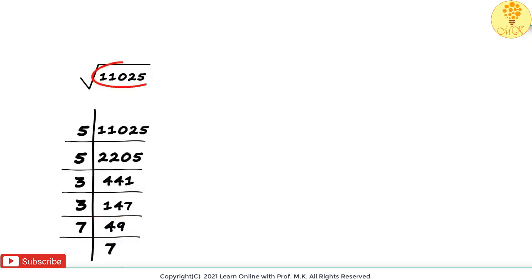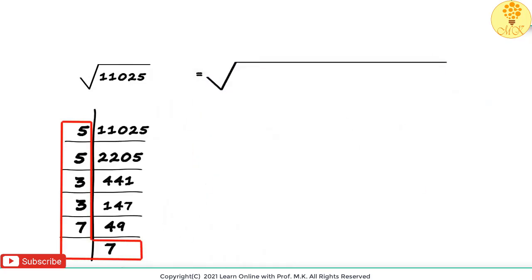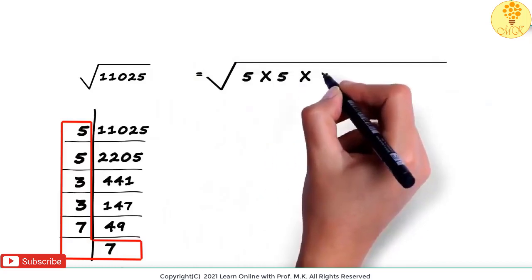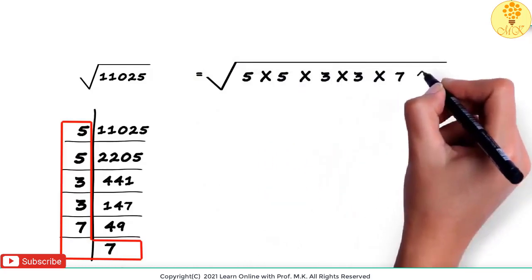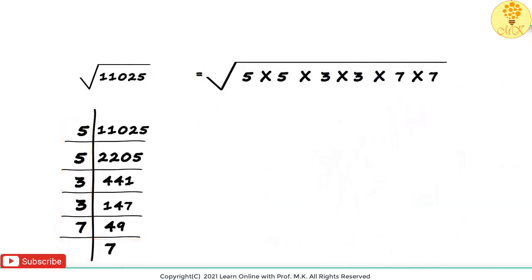So 11,025 can be written as 5 times 5 times 3 times 3 times 7 times 7. Hence, the square root of 11,025 can be written as square root of 5 times 5 times 3 times 3 times 7 times 7.